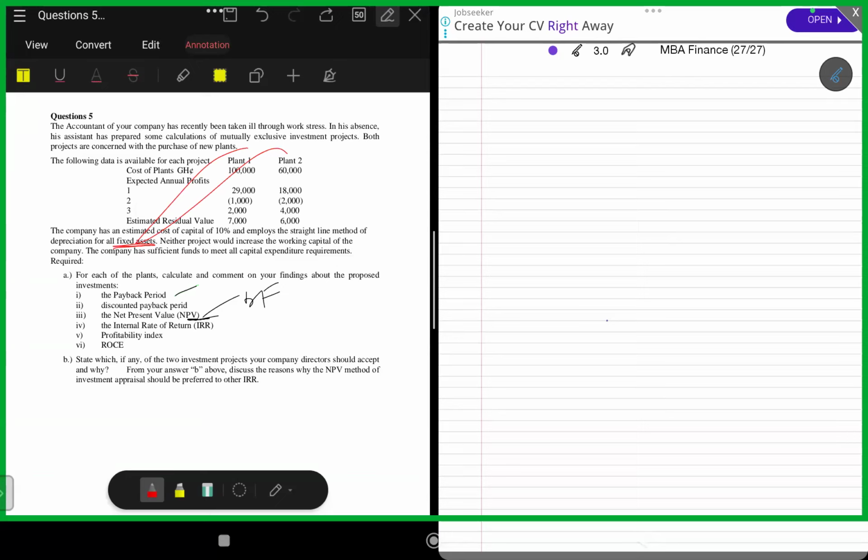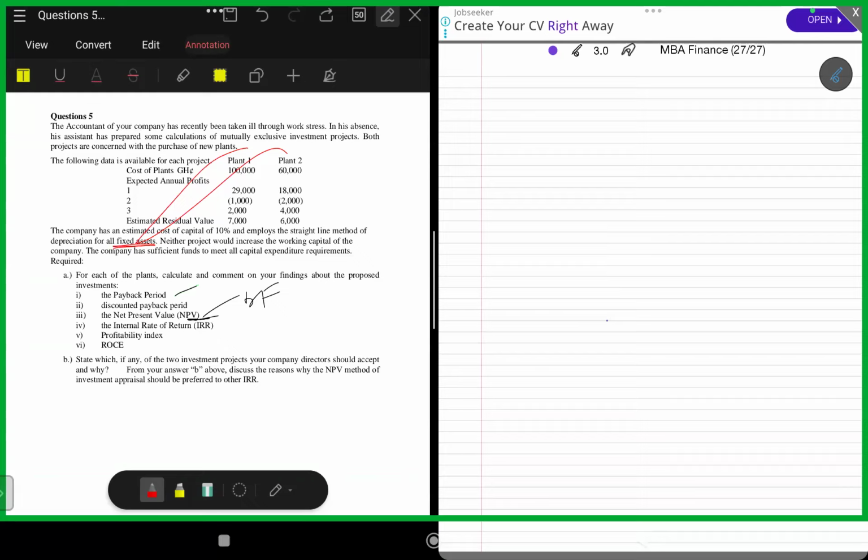So if plant 1 and plant 2 are equipment and they fall under PPE, property, plant and equipment, and they're also tangible, long-term, fixed assets, then it means depreciation is applicable to plant 1 and at the same time plant 2. In other words, we have to find depreciation on plant 1 and depreciation on plant 2. Are we okay? Yeah. So this is what we are going to do. I'll be doing 1, you do 1. I'll do 1, you do 1.